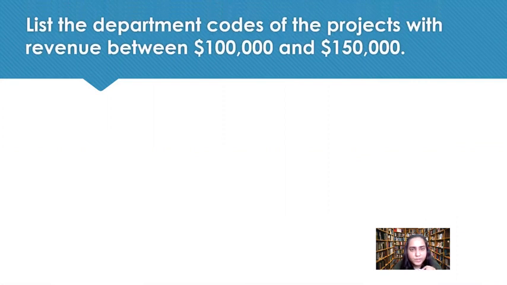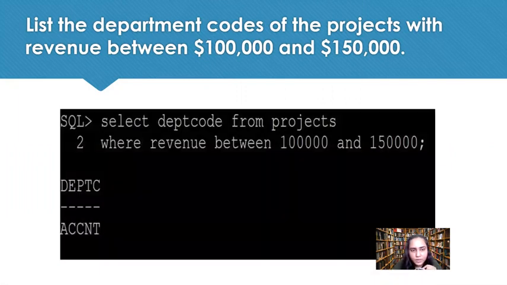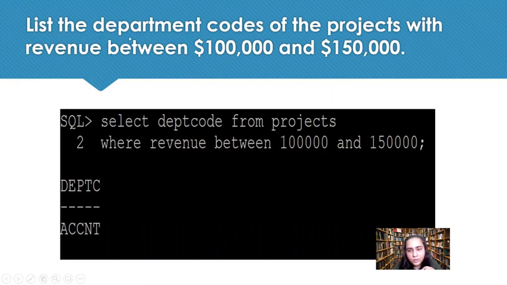If you are asked to list the department codes of the projects with a revenue between 100,000 and 150,000, you could write it in this manner. Select dept code, because you've been asked only to list out the department codes, and then you'll write from projects where revenue between 100,000 and 150,000.